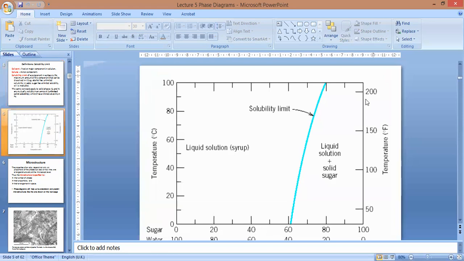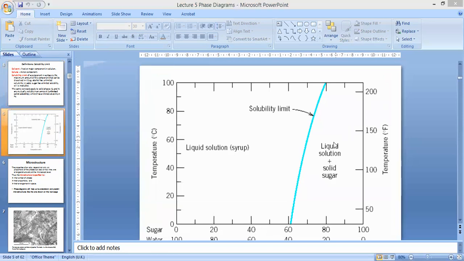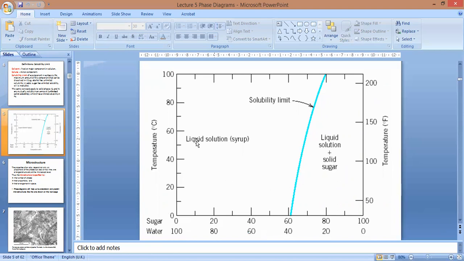Okay, so we come to our example here of liquid solution plus solid sugar. This is a solubility diagram, and this is known as the solubility limit. You have a liquid solution here, syrup, and then you have your sugar content and your water content here.